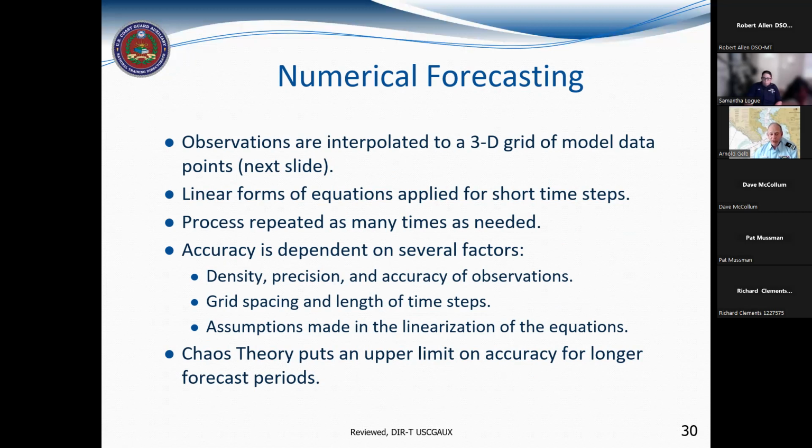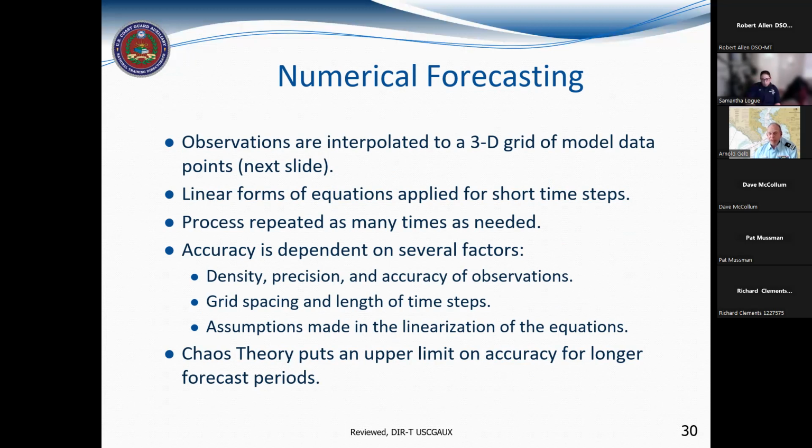Accuracy is dependent on a number of factors, including the density, the precision, and the accuracy of the observations. Also, how far the grid's spaced apart, how long the length of time is for each of the steps, and so forth. And again, assumptions are made in the linearization, or making the equations essentially proportional.